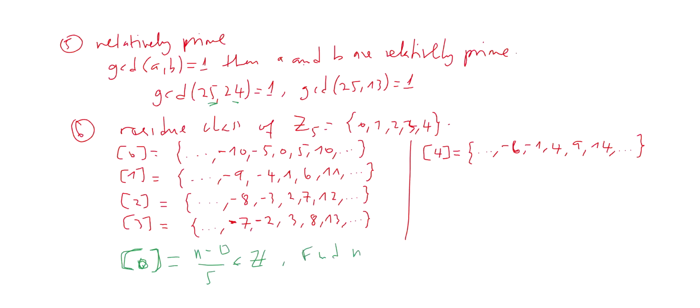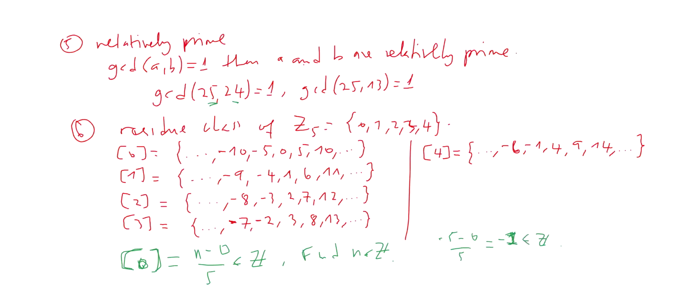So for instance, if we take the 0, residue class 0, we know that if n is minus 5, here we can have minus 5 minus 0 over 5 is equal to minus 5 over 5, and this is equal to minus 1, and this is an integer as well. So we look for only integers, and in that sense, we're able to create a residue class. So for 0, we can write it.